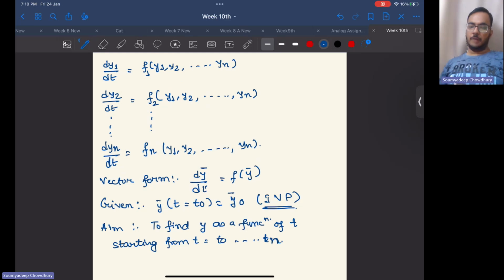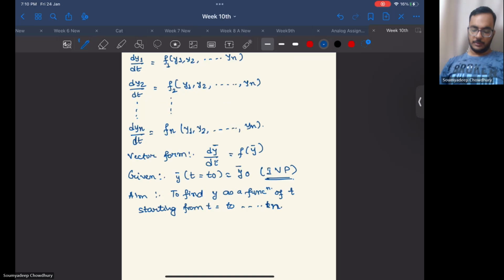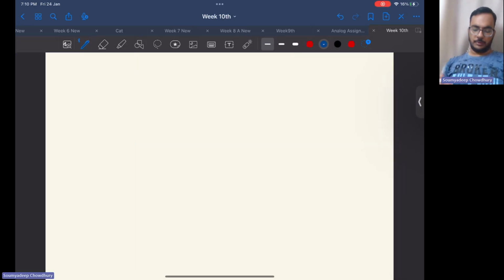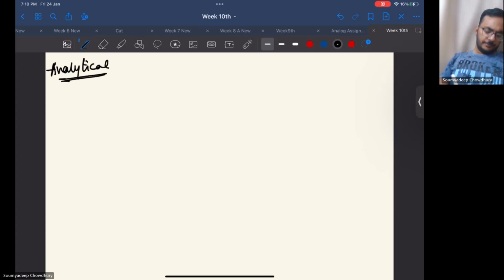Now we'll see how we can do that. The basic difference between solving a differential equation analytically and numerically is that analytically, I think you remember, we get a closed form expression. Suppose I just briefly discuss. Suppose you have an equation like dy by dt equals, say, t.